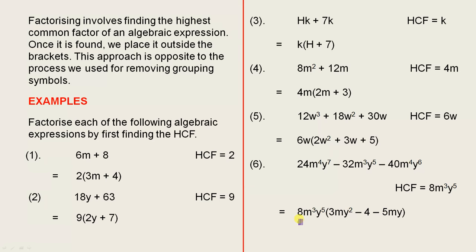So you put that HCF outside the brackets and you're left with that expression. And when you expand, you end up with that expression there. And that shows that that is the factorisation of that original expression.